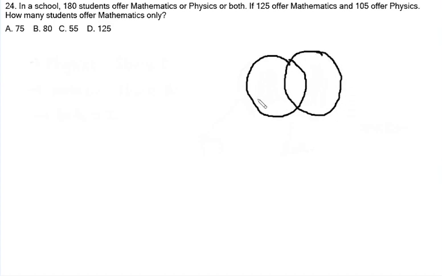Okay, so the Venn diagram is 2 circles because we have mainly physics or math. Okay, so let this circle represent those that offer physics, and let this circle represent those that offer math. So the intersection of the circles is for those that offer both subjects.